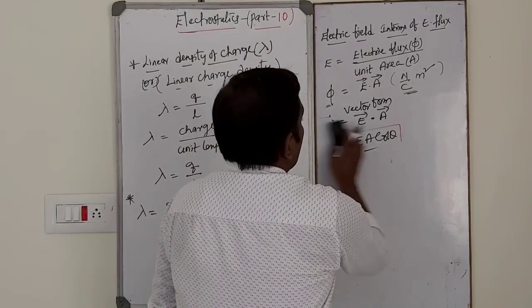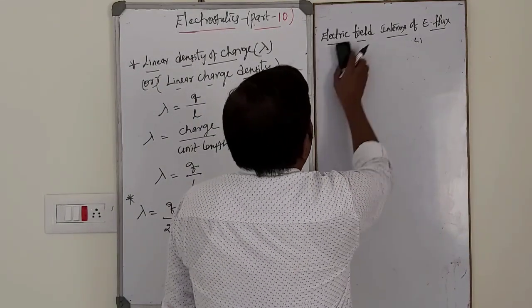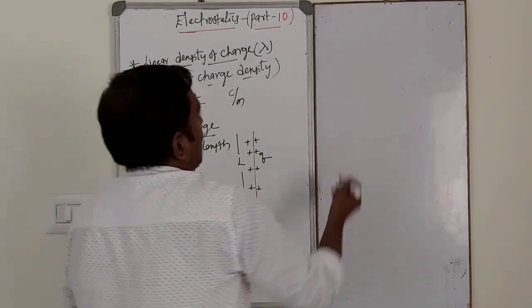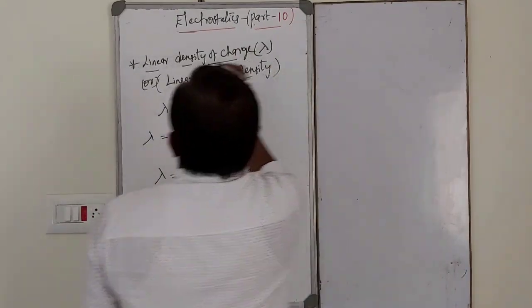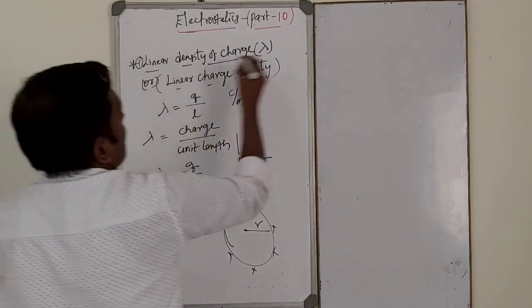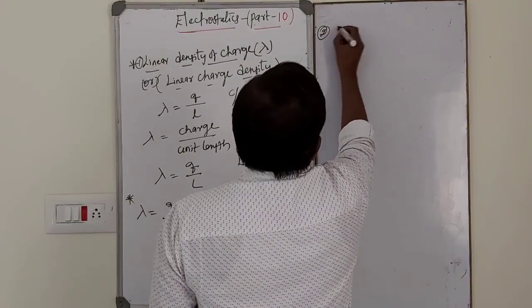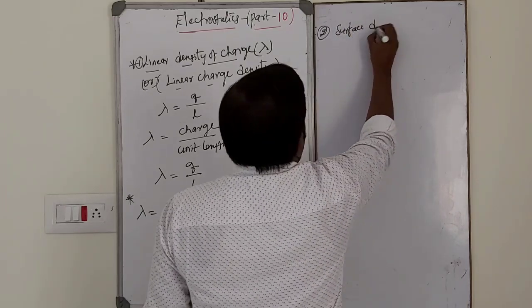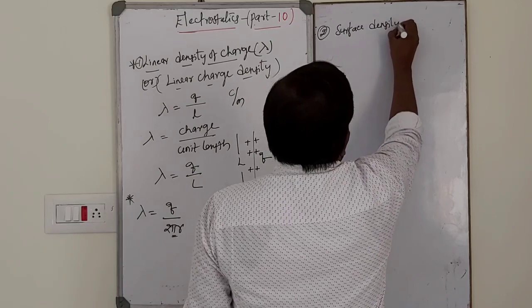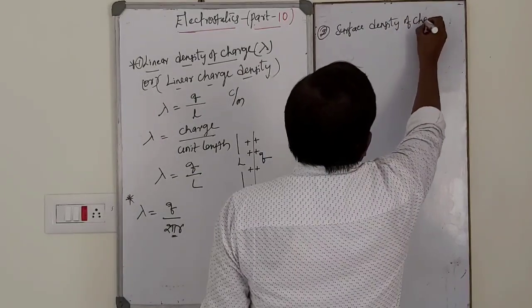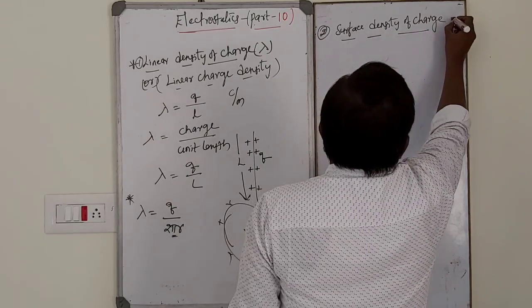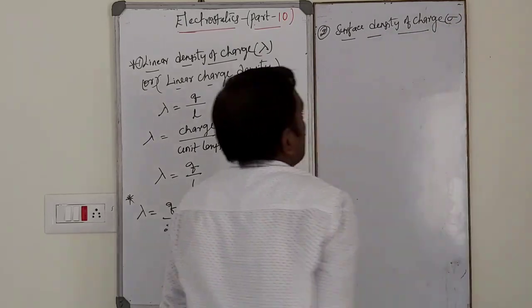Second one, surface density of charge, represented by letter sigma.